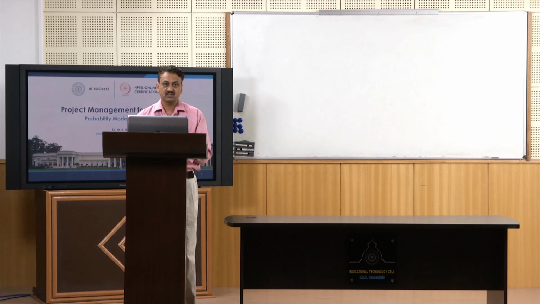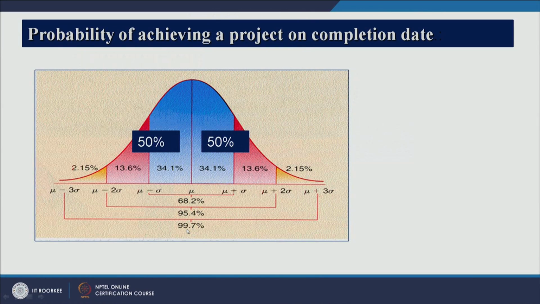Within plus minus 3 sigma limits, you will have 99.7% of the area. Within 2 sigma limits, the area under the curve is 95.4%, and within 1 sigma limit you have got 68.2% area.